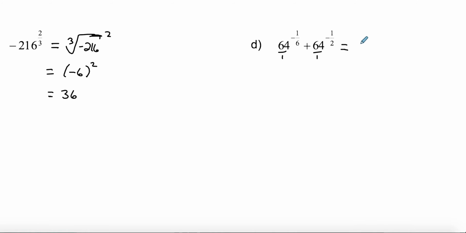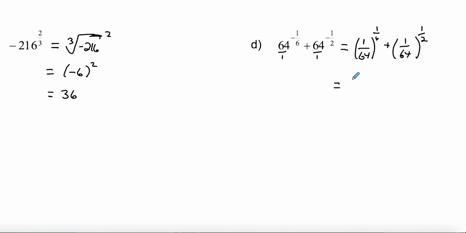And I'd like to write the reciprocal. So this is 1 over 64. And then instead of the exponent being negative 1/6, because I'm using the reciprocal, it's just 1 over 6. Plus, and then I'm going to use the reciprocal again, 1 over 64. And then this would become just to the positive 1/2. Since I'm using the reciprocal, my exponent becomes positive.